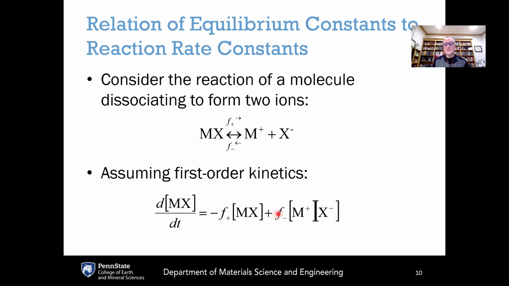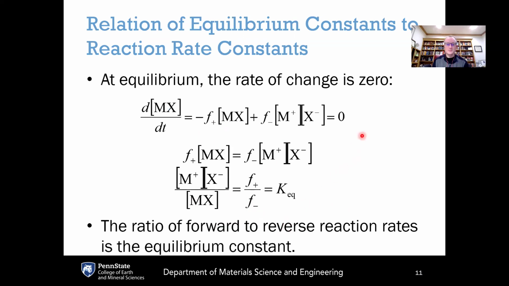So we've got our plus F minus here for the reverse rate of reaction, and that's multiplied by the product of M plus and X minus. So you've got the term here that decreases the concentration of MX and the term that increases the concentration of MX. And if you add those up, then you get the total change of concentration.